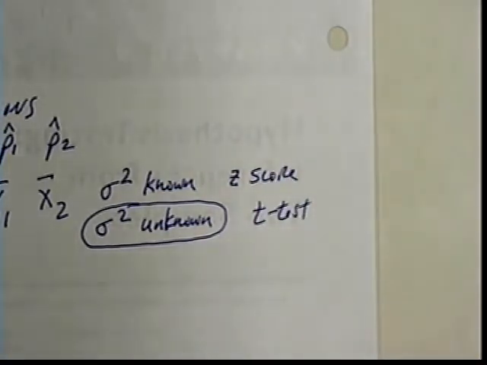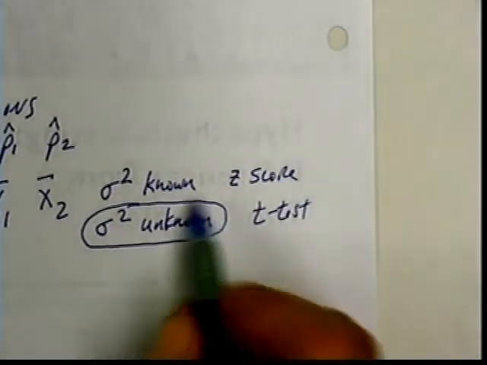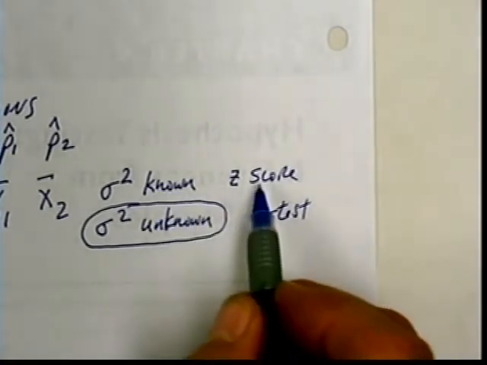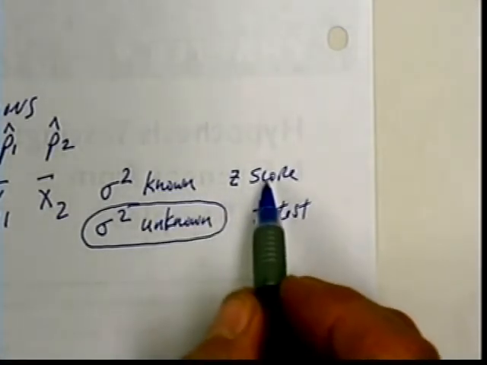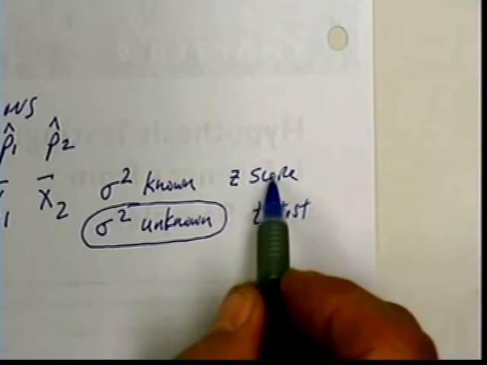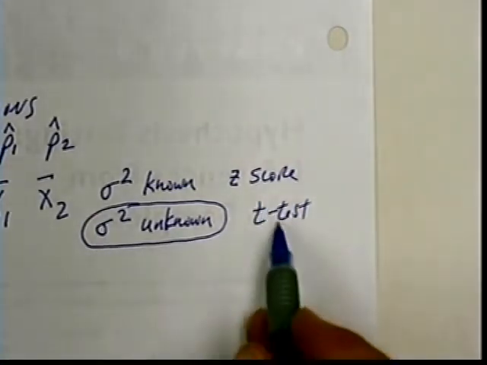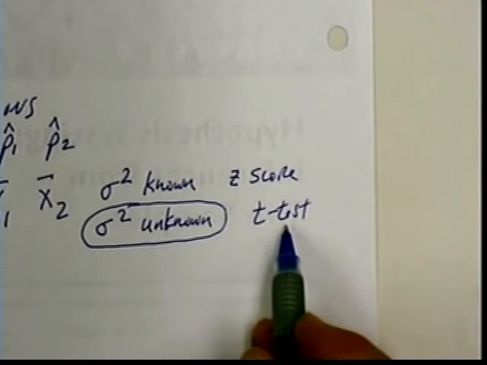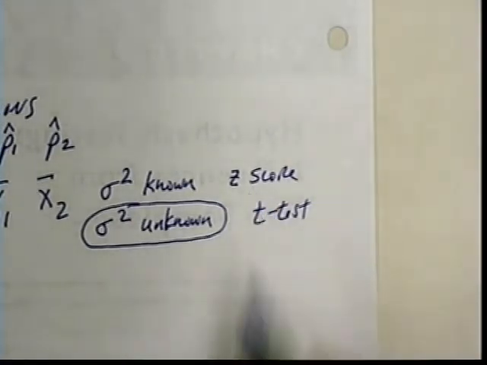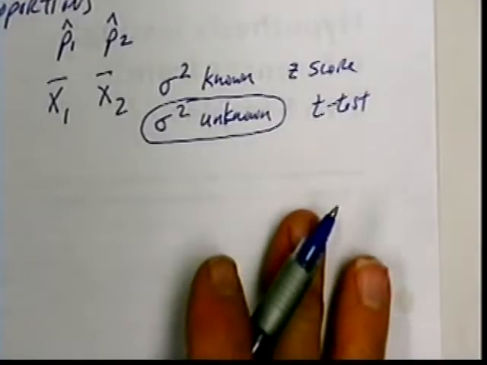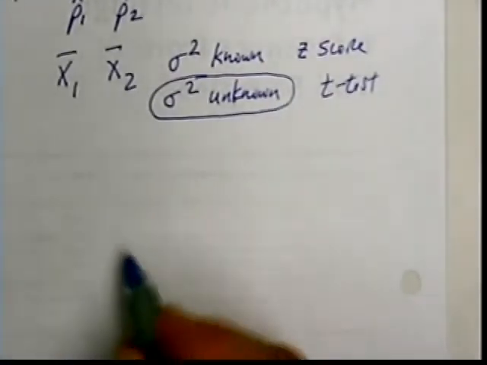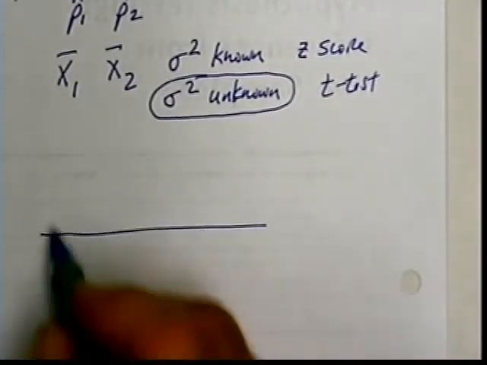Because this is a rare situation, I didn't put a whole lot of information about that in the material to be studied for the test. So most of the time, and in most of the literature, they're going to use the t-test, even if the z-score could be used. The basic difference is this.